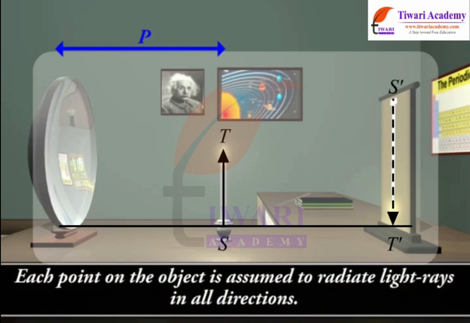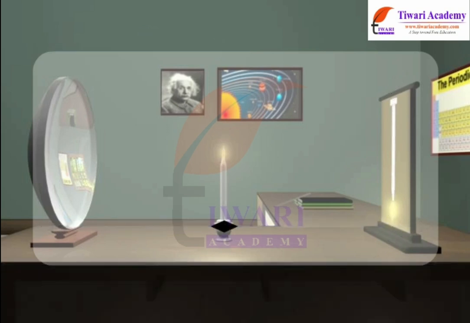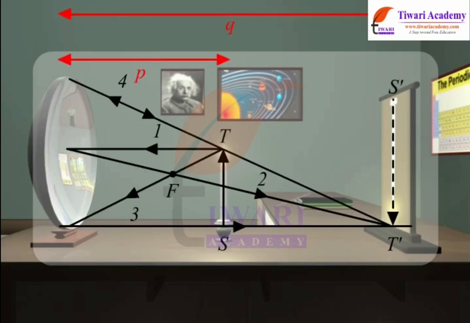Each point on the object is assumed to radiate light rays in all directions. Consider 4 light rays emanating from the tip T of the object, which strike the mirror, as shown in the figure. It can be seen that the reflected rays all come together at some point T1.